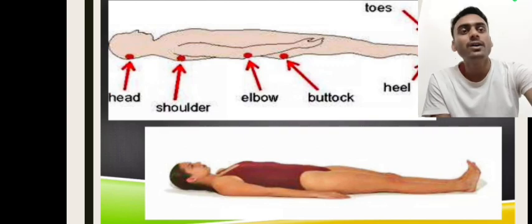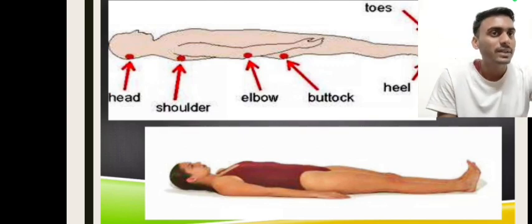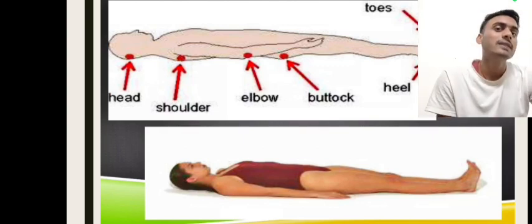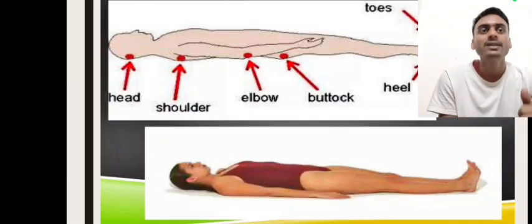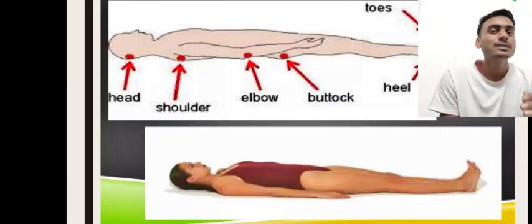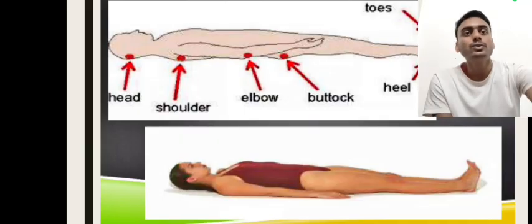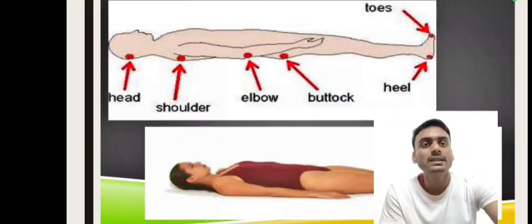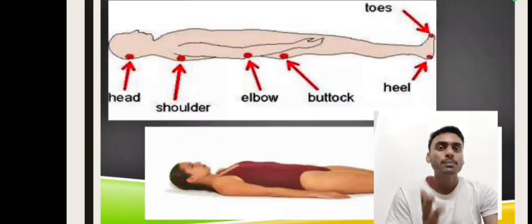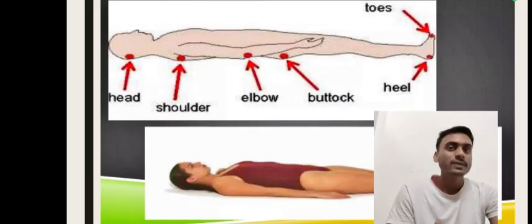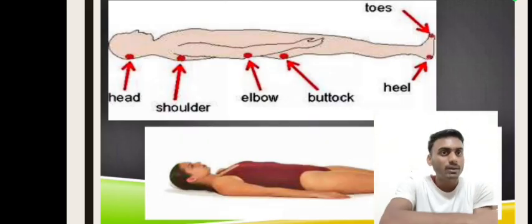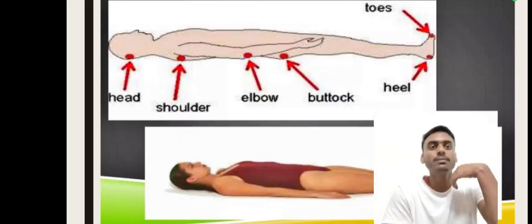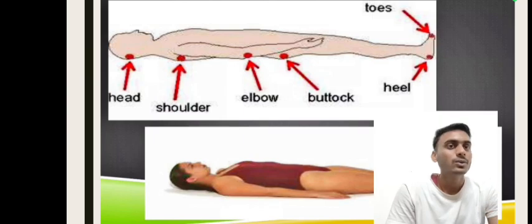First, look at the image and see which kind of position it is. What is the name of the position? You can comment on the video. This is the supine position. This is the basic area where, if you lie down, you feel more pressure: the back of the head, the shoulder, the scapula blade, the elbow, the buttock and the heel.